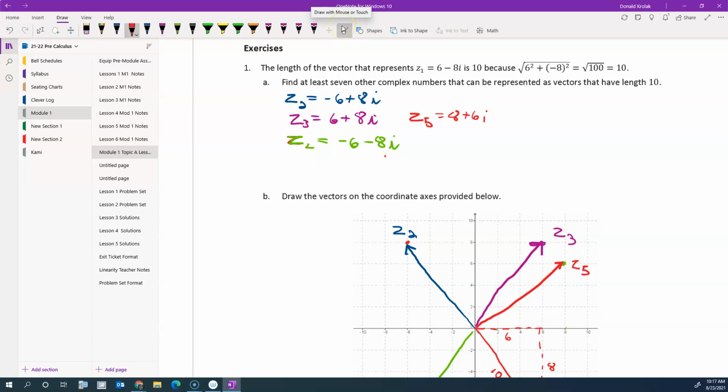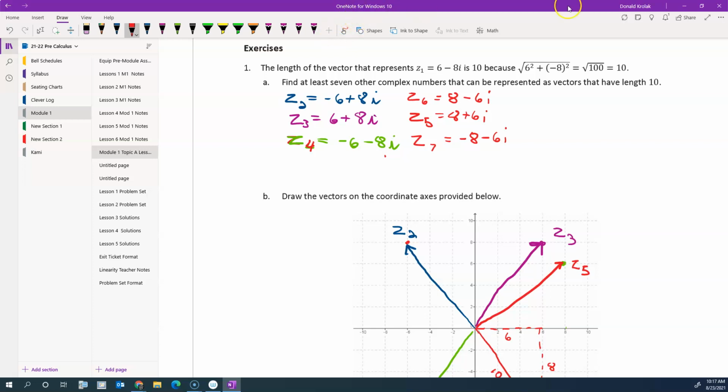So we could do all of these by doing the exact same thing. So I could make this one 8 minus 6i. And what would this one be? Negative 8 minus 6i.